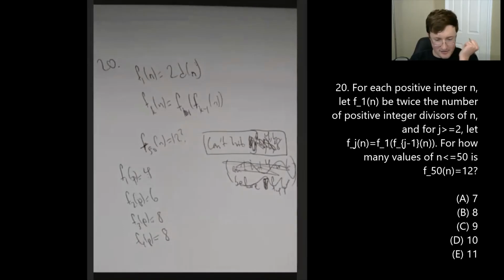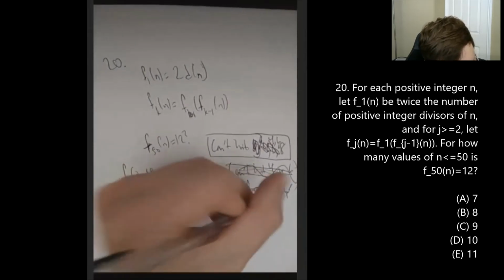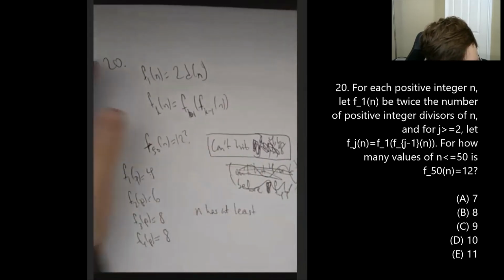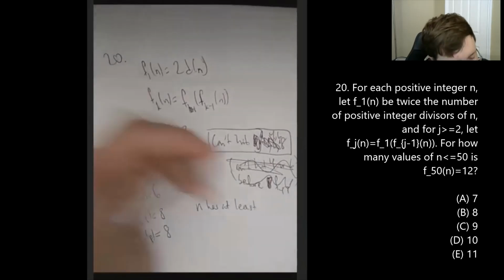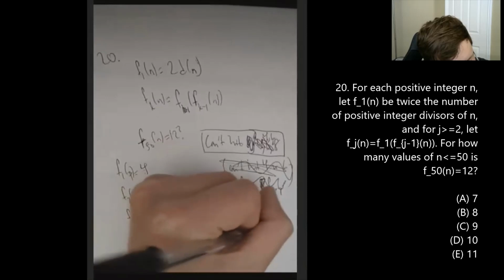Okay, so that means it can't have 1, 2, 3, or 4 divisors. Say n is p1 to the alpha 1 up to pk to the alpha k.